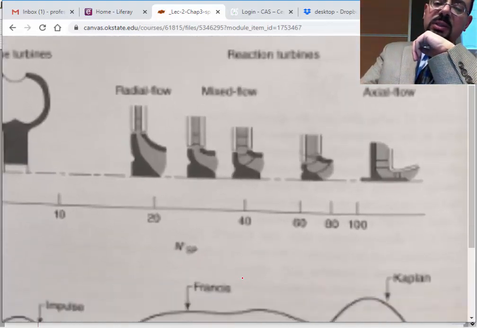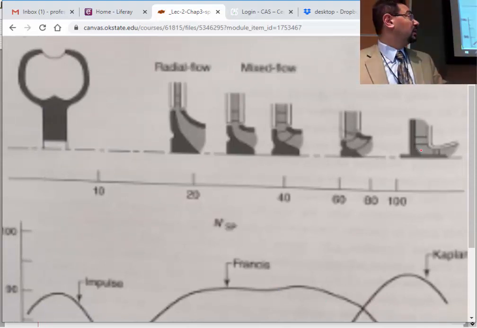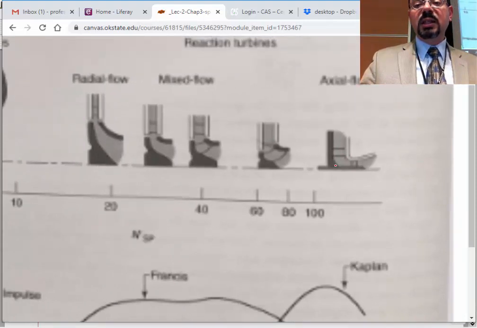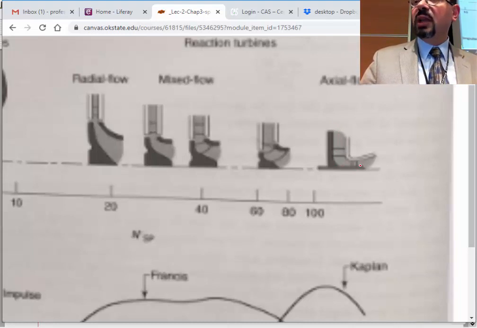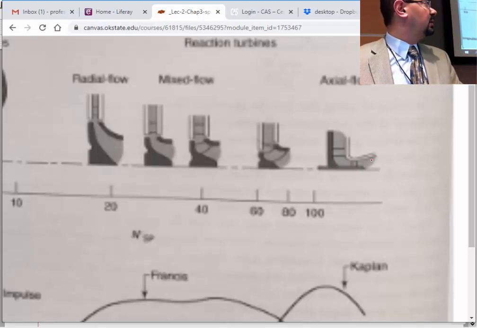So here are the turbines. This part is the stator. This is the inlet guide vane. This is the part that will spin the fluid, but the rotor itself is here. So that's an axial rotor because the flow will come axial and leave axial, right?